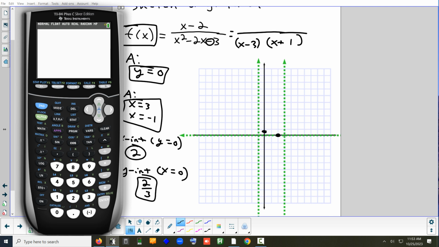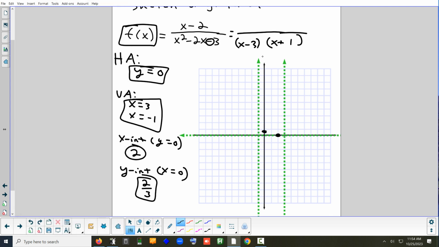Second table. Okay, what's a value that's very close to negative 1? Negative 0.99999. Yep. So we could do negative 0.99999, and we're up at 75,000. So way up here. If that side's way up, the other side is going to be way down.